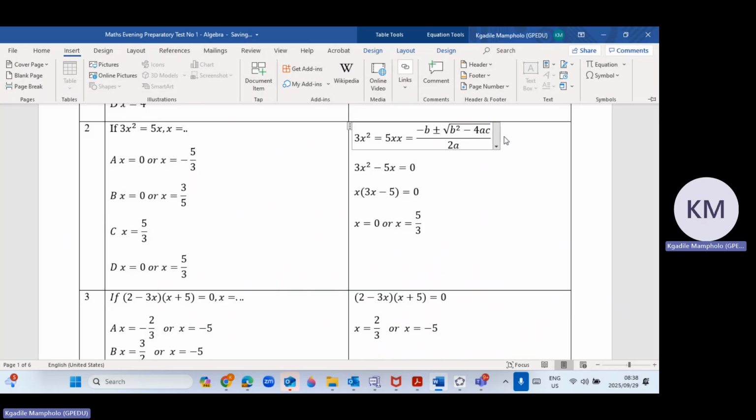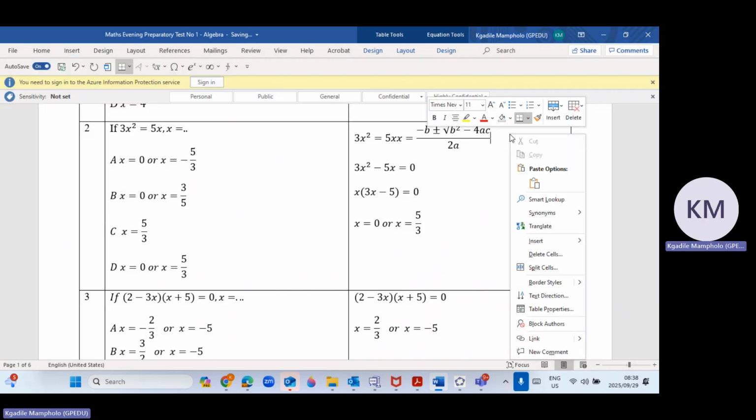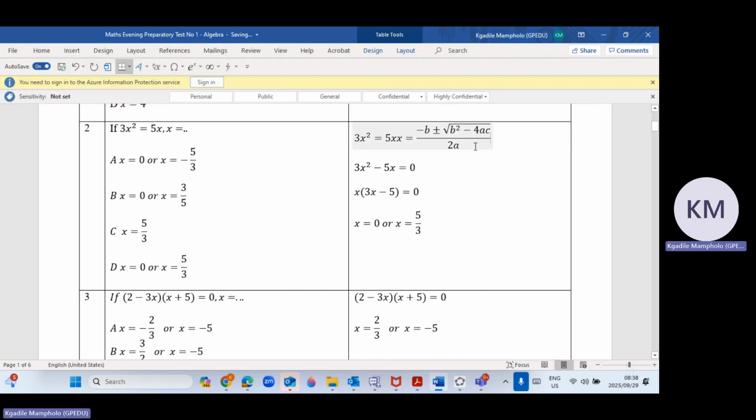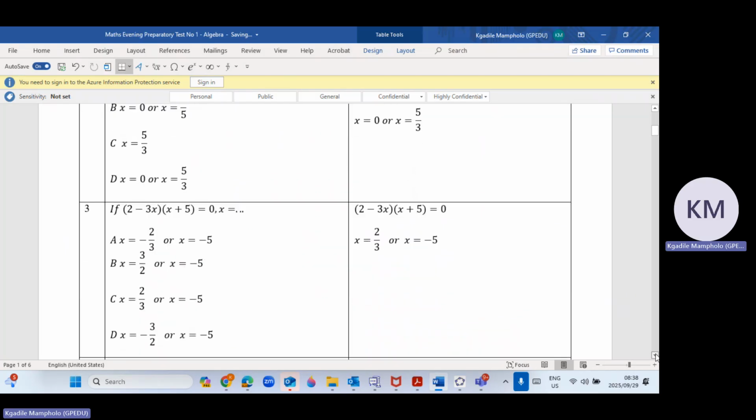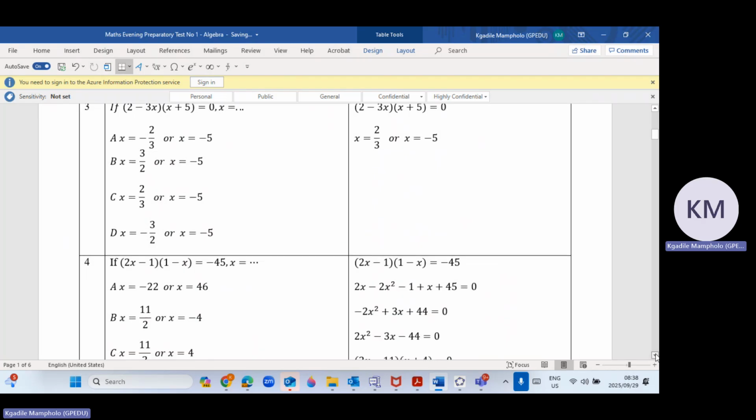Learners, there's no rule which says you only use the quadratic formula when the roots are irrational. Now, if you are that person who struggles with factorization, let me give you the time-saving method.